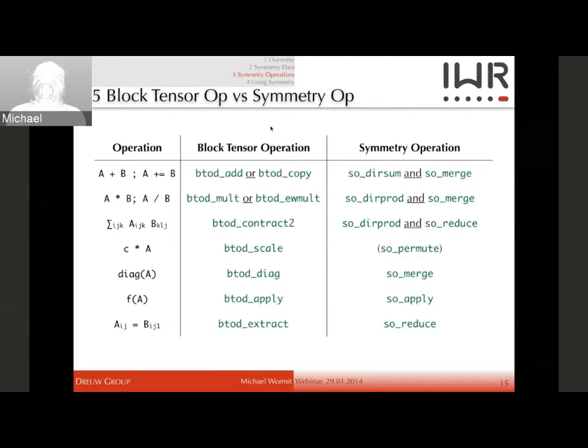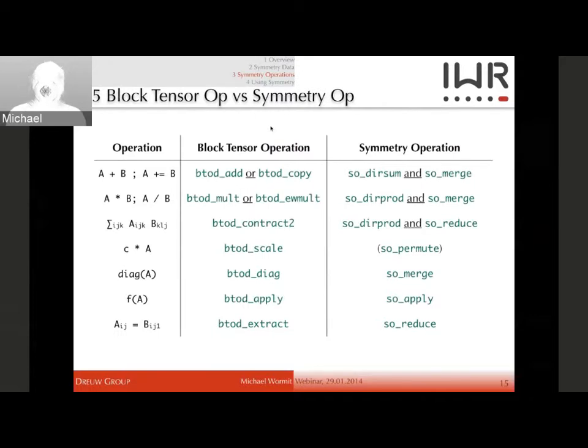Then we have the contraction, scalar multiplication, taking the diagonal, taking a function of a tensor or matrix, and extracting a lower dimensional matrix from a higher one by fixing a certain index of the higher dimensional tensor. And all these map onto these block tensor operations you see here. So BTOD add and BTOD copy for element-wise addition and copy.